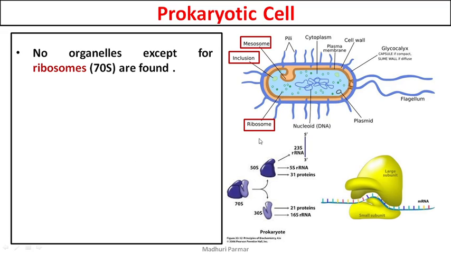So it takes 50 Svedberg units to settle down. That is what is meant by 50S. And this 30S means it takes 30 Svedberg units or 30 sedimentation constant.